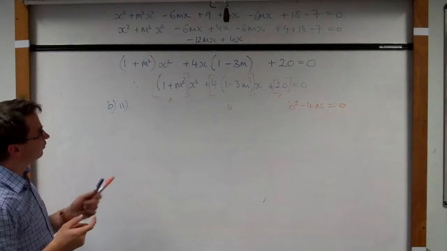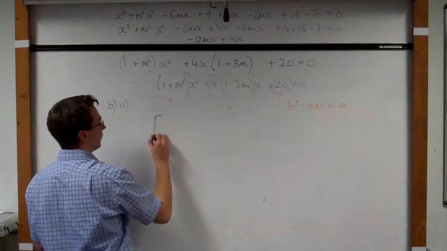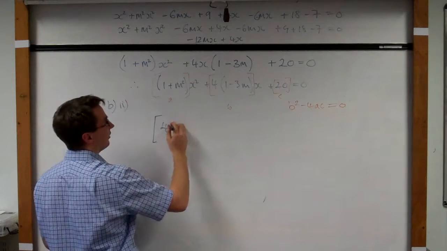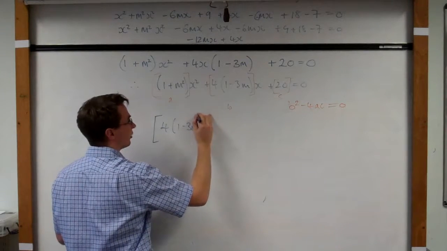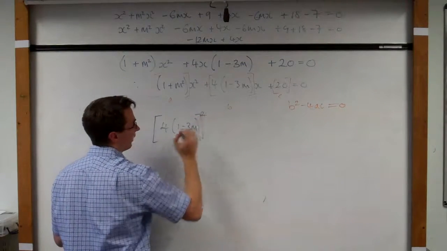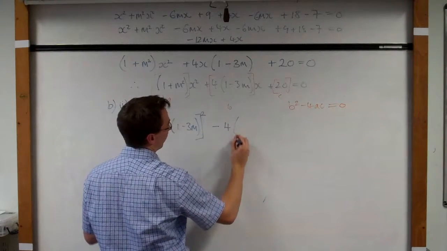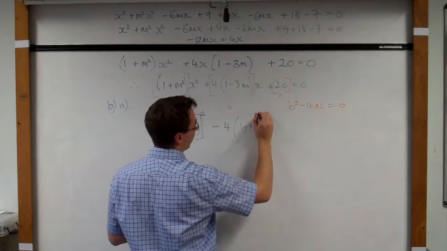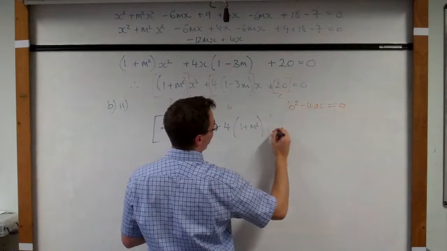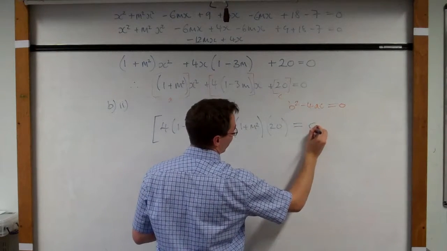So, I'm interested in... Now, I like to use a nice square bracket for this, because I want to square the whole thing. Then I want to minus 4 lots of a, 1 plus m squared, and then I want to times that by 20 as well. Now, if it's got equal roots, that equals 0.